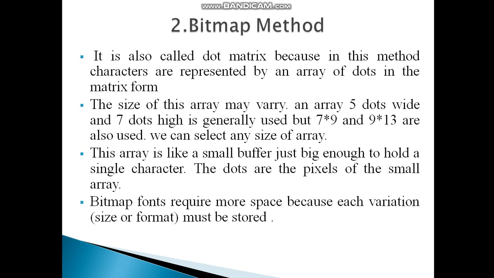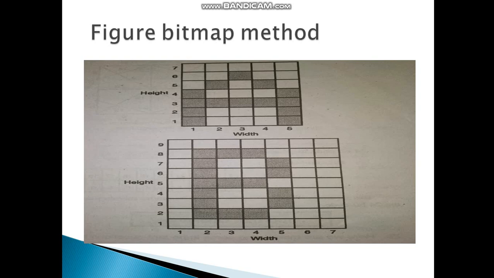Then the second one is the bitmap method. In the bitmap method, a pixel array is used for displaying a character. So here is a bitmap method figure.